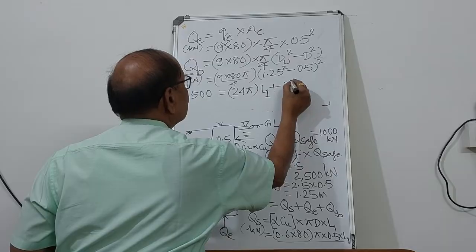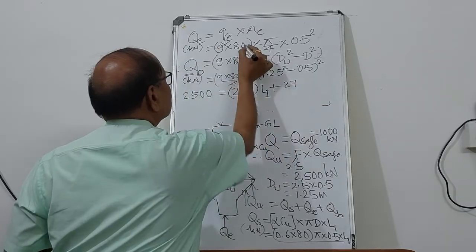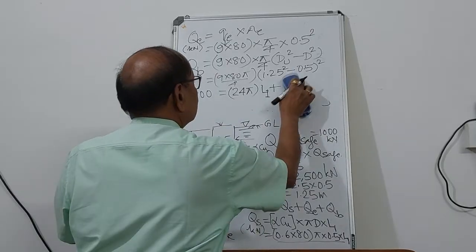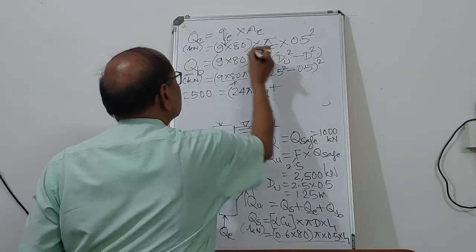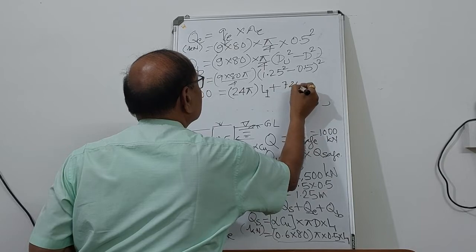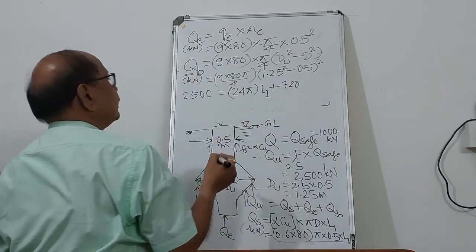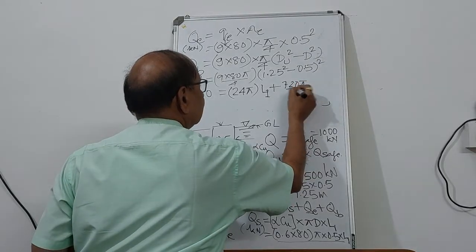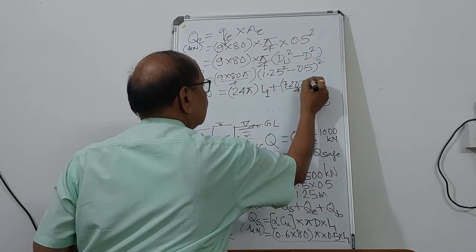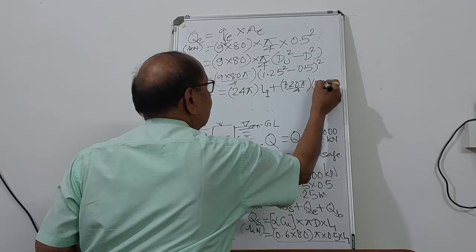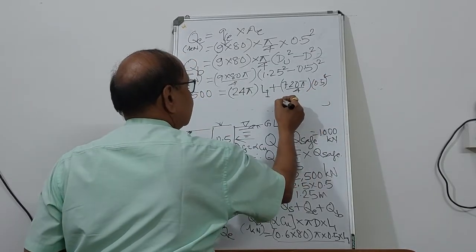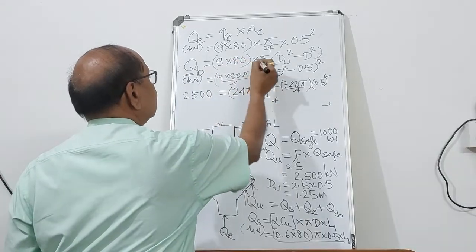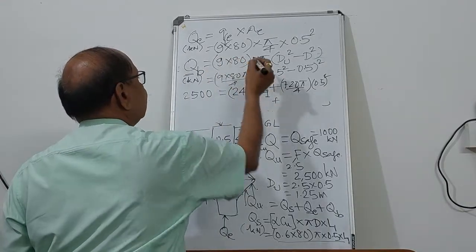So this you can calculate it, 9 8 is 72, so 720 pi by 4 into 0.5 square plus the QB value.